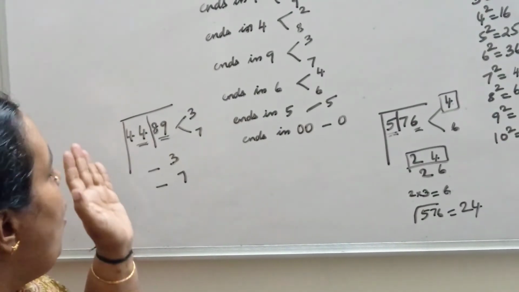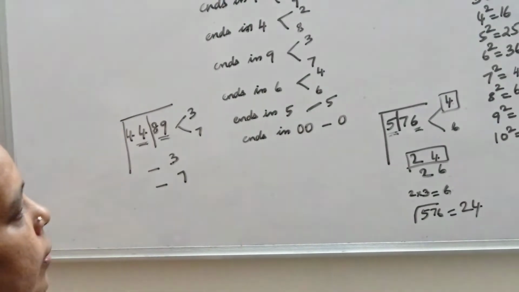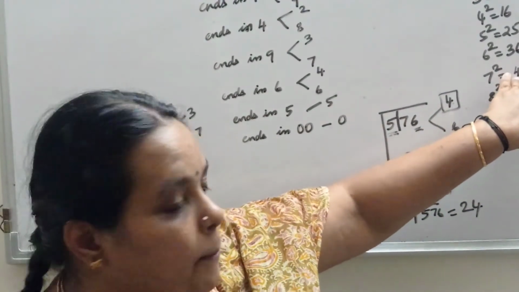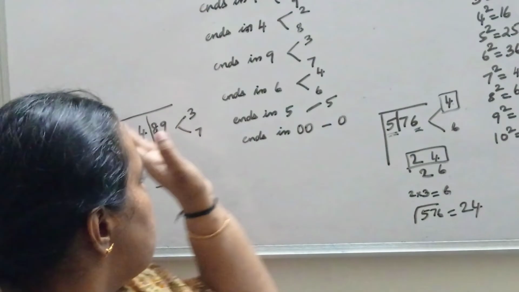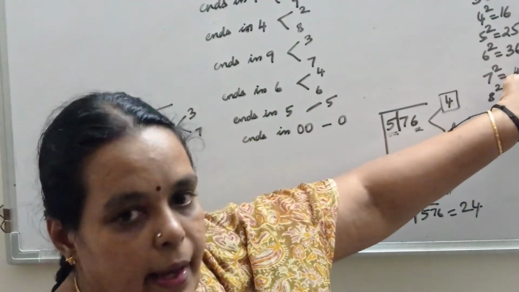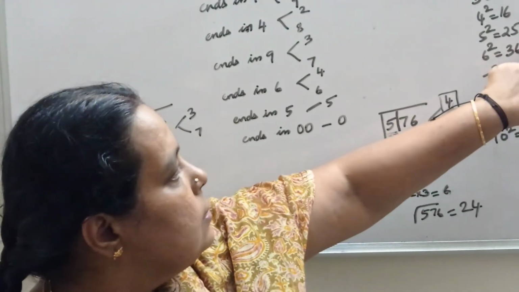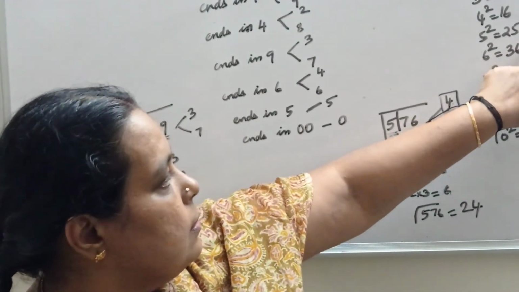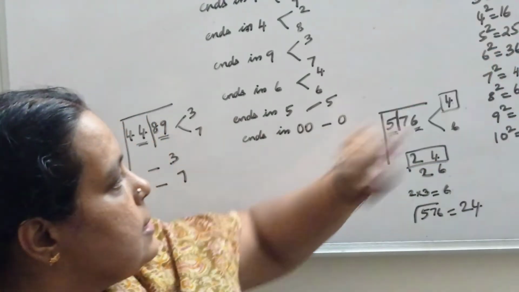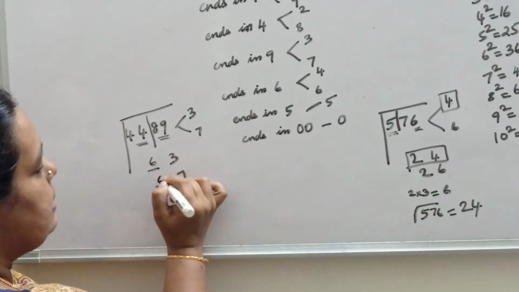Next, we will come to this part, 44. What is the square number that is nearest to 44? 49. But since 49 is greater than 44, we have to consider the previous square number, that is 36. The root of 36 is 6. So either it will be 63 or 67.